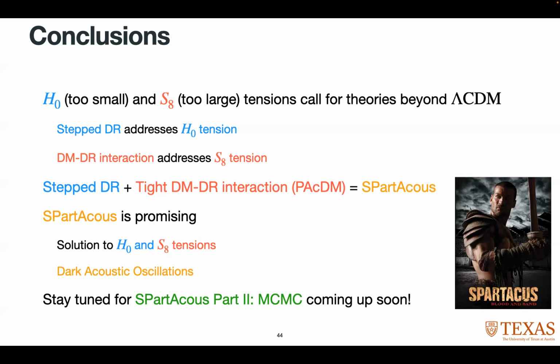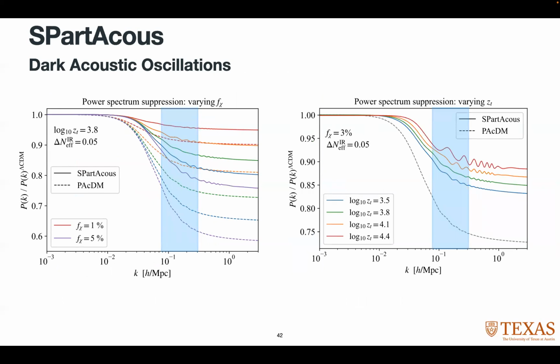Okay, we have plenty of time for questions. Taewook, yes, page 42. Just a simple question about f_chi: is it the fraction of dark matter chi compared to the entire dark matter? Yes, it is 5% of total matter.